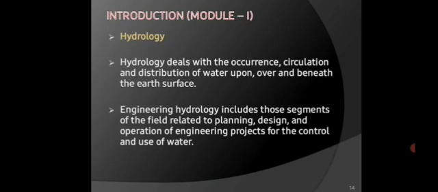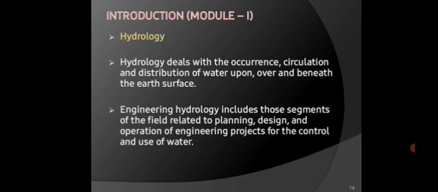Then what is engineering hydrology? Engineering hydrology includes those segments of the field related to planning, design and operation of engineering projects for the control and use of water.